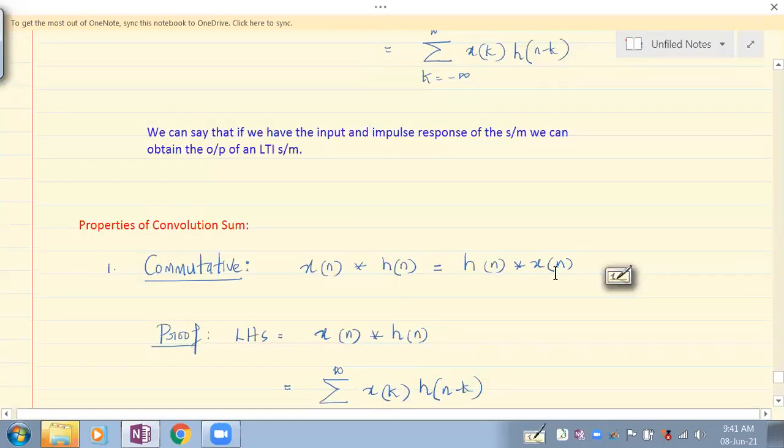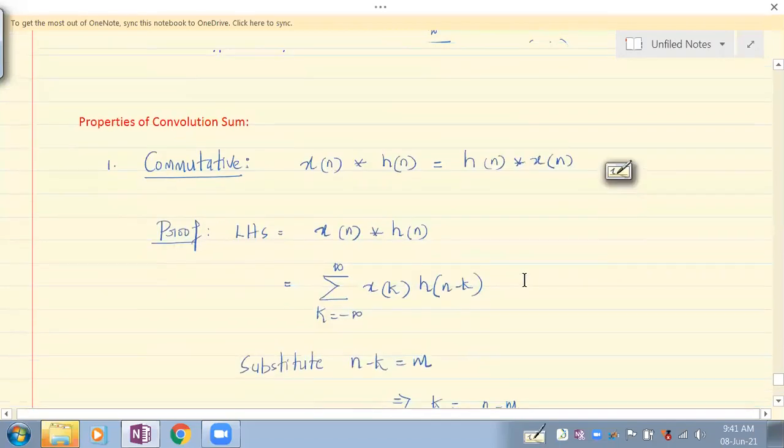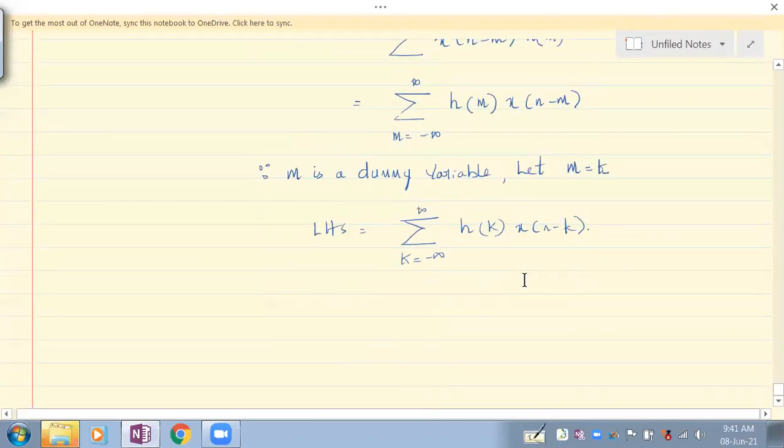Okay, see here, this is convolution of h of n and x of n. So this is the convolution sum of h of n and x of n.